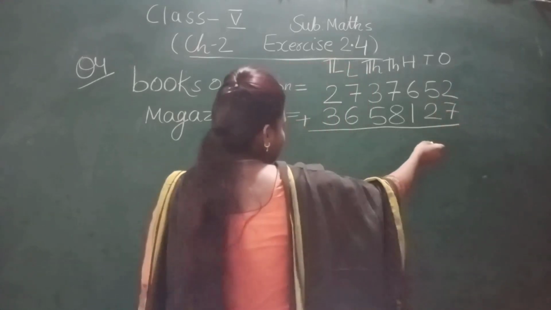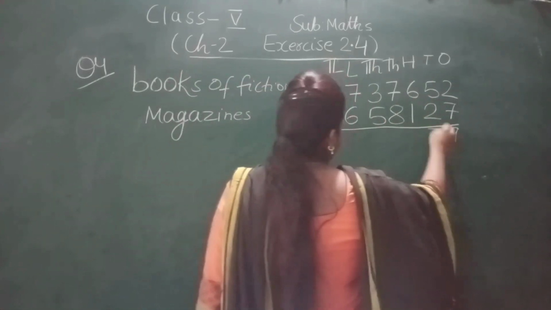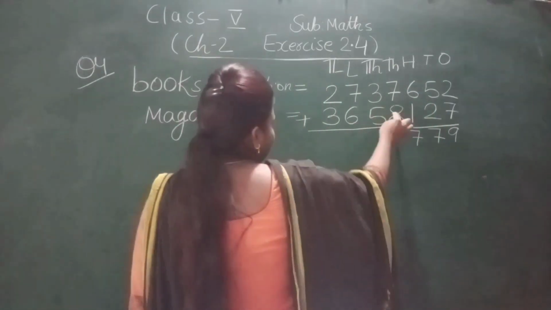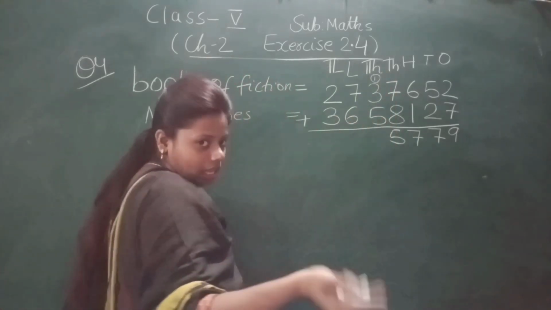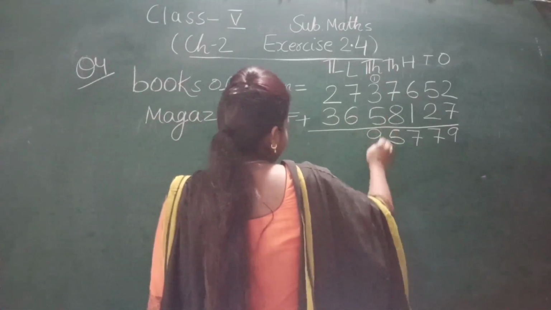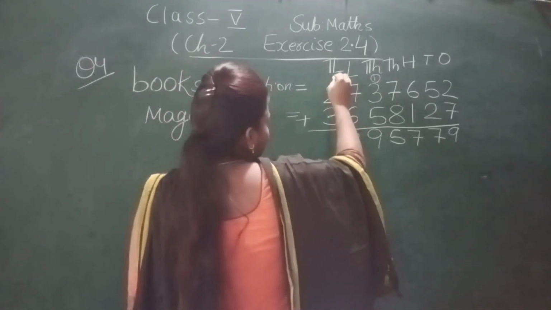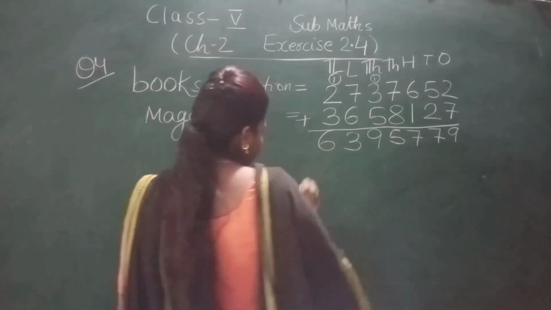2 plus 7 is 9. 5 plus 2 is 7. 6 plus 1 is 7. 7 plus 8 is 15, 1 carry. 3 plus 5 is 8. 8 plus 1 is 9. 7 plus 6 is 13, 1 carry. 2 plus 3 is 5. 5 plus 1 is 6.